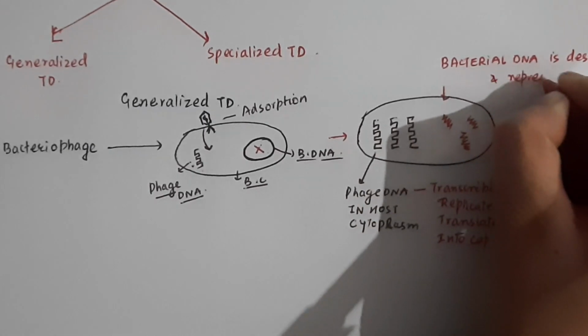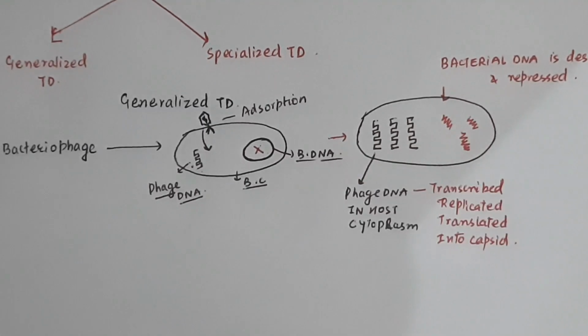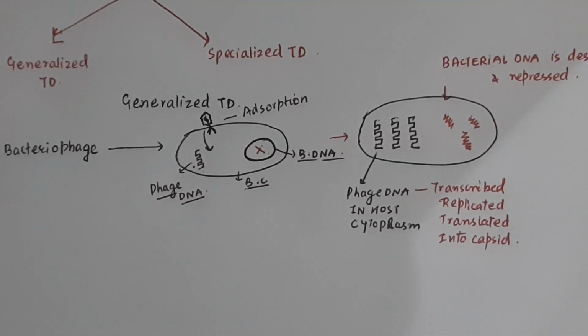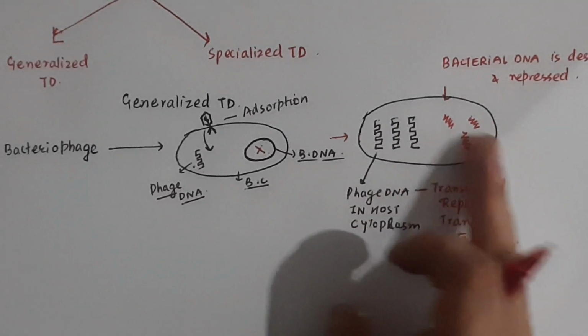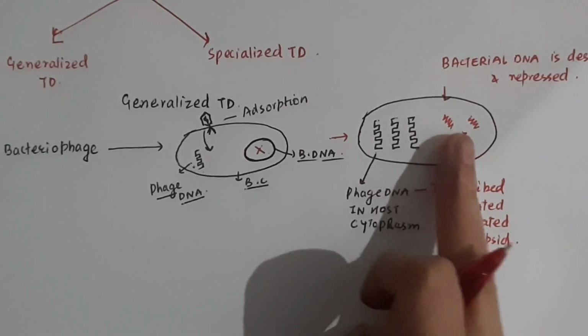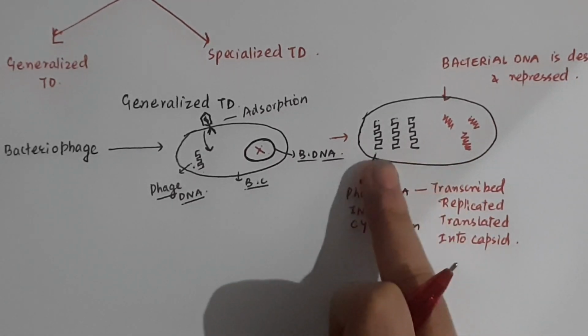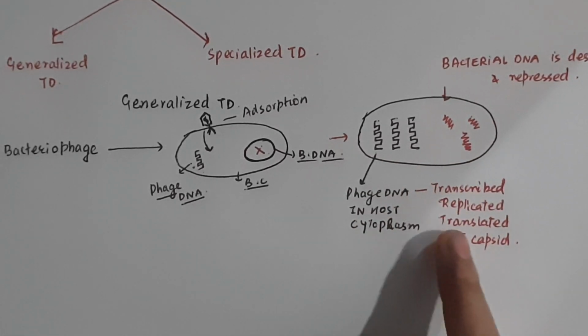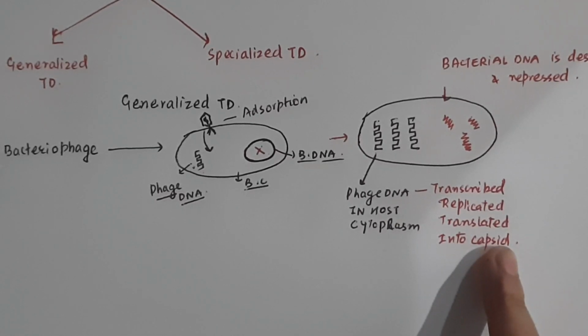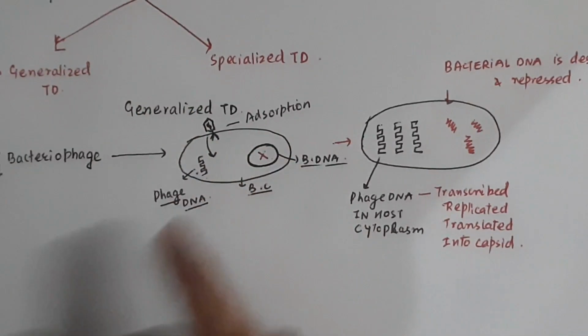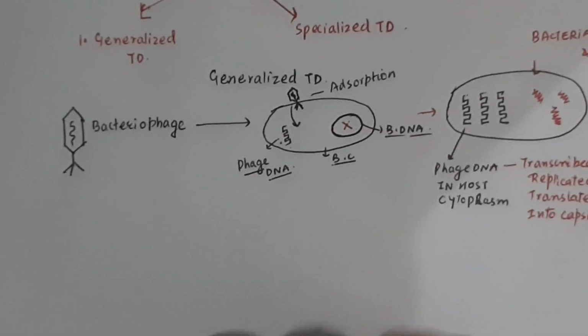And the bacterial cell undergoes lysis, and the phage DNA then comes out in capsids. This happens in generalized transduction.